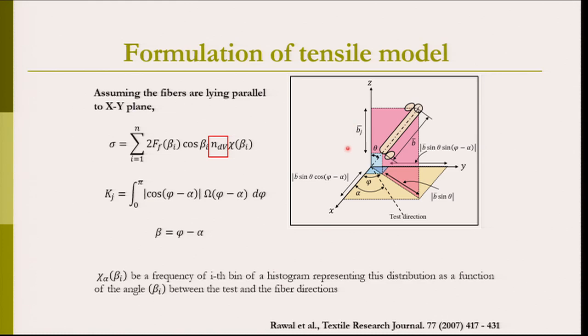Since Bj bar is there, you will see when you resolve this or when you put the value of NdV, again Kj will come into picture, which we have seen earlier, and this is an expression of Kj for a 2D material. So, we consider the whole analysis 2-dimensional in nature. So, in this way we are able to develop the tensile model on the basis of fiber to fiber contacts in mesodomain.